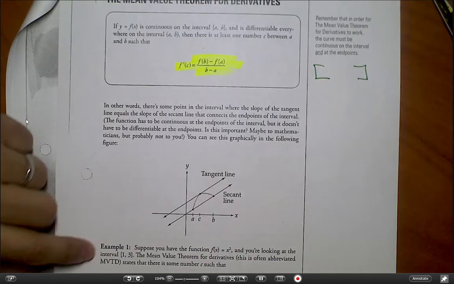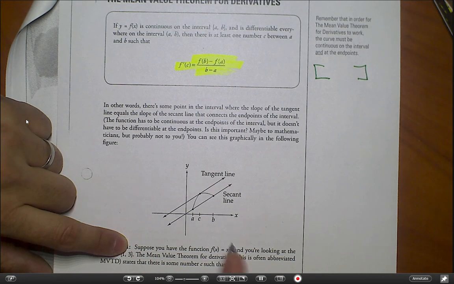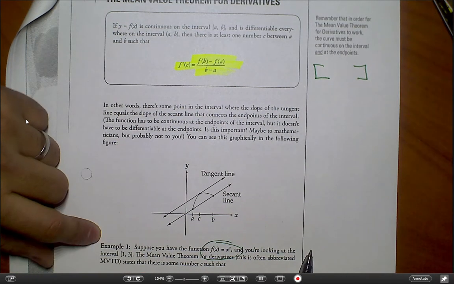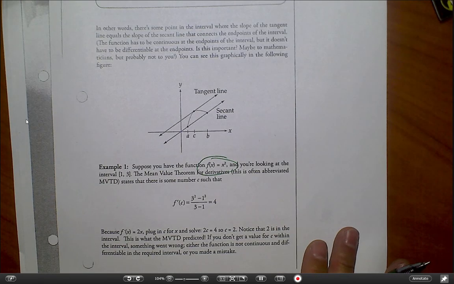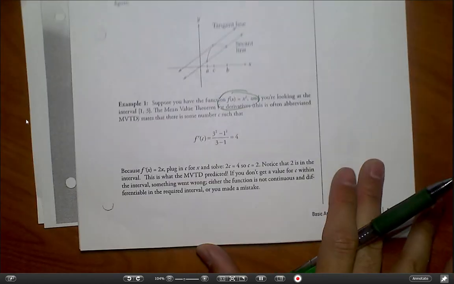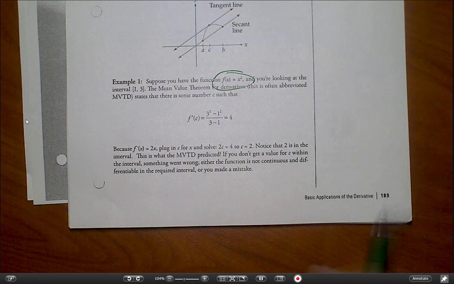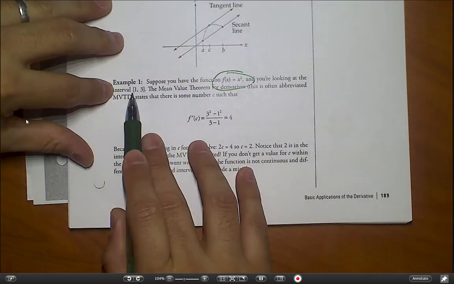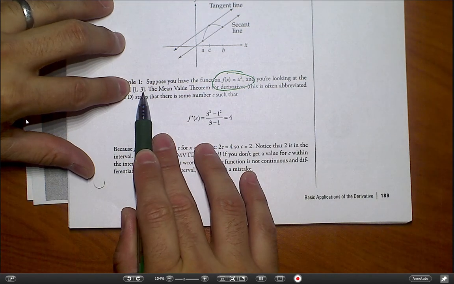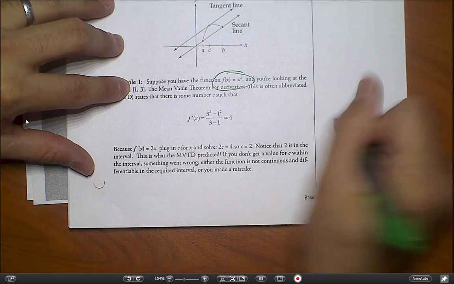So mean value theorem. We have this function right here. Let me scoot it up some. There you go. So here's my function, and looking at the interval from 1 to 3, I'm going to plug this in.